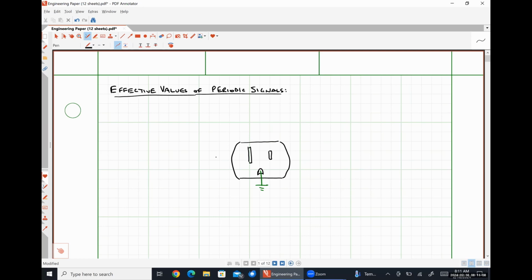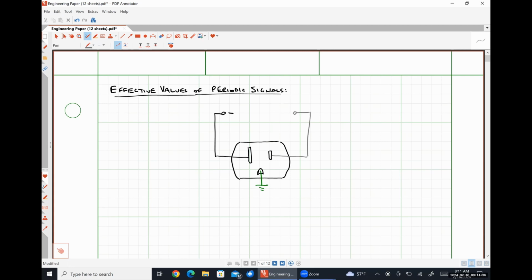The large blade thing right here is actually the negative polarity terminal. And over here on the other side, really this wire is usually white, but white's not going to show up, so I'm going to use gray. That would be our positive polarity terminal, right?